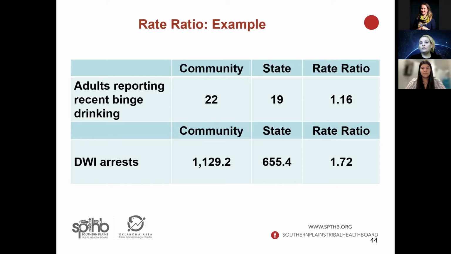If you take the ratio of your community compared to the state, that's a lot different than 1.72. They're both higher, but meth is way higher. So you want to take the difference of that into consideration. How much higher is it than the state? Is it a little bit higher? Is it a lot higher? Or it may be lower. Is it a little bit lower or is it a lot lower?